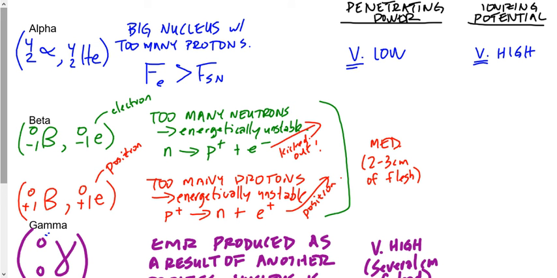Gamma rays have a really, really high penetrating power, but their ionizing potential is the lowest of the three. And then beta particles, the fence sitters. They can't even decide whether they're going to be beta plus or beta minus. They're the medium, somewhere in between.